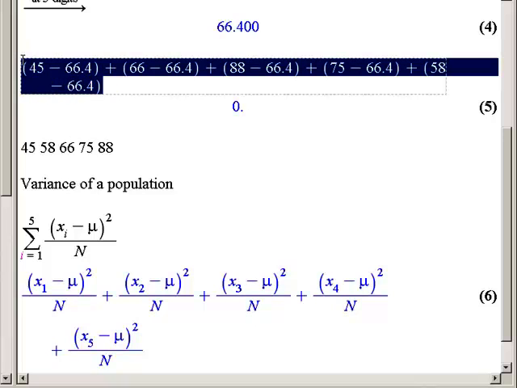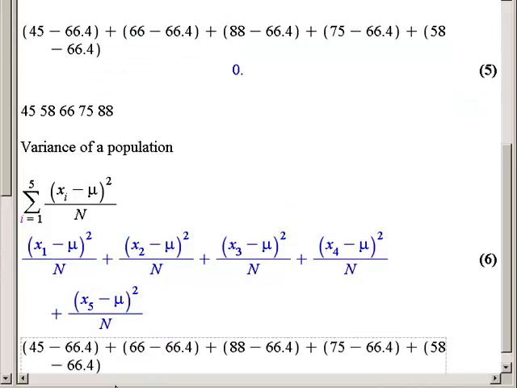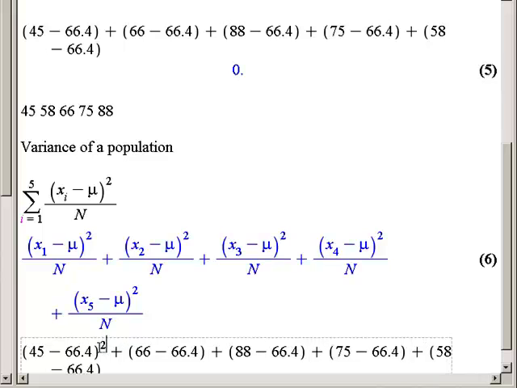Now here's our data set, and I can copy this statistic here, bring it down. So 45 is the first observation, 66.4 is the mean, and I take the square of this, plus do the same. The second observation was 66.